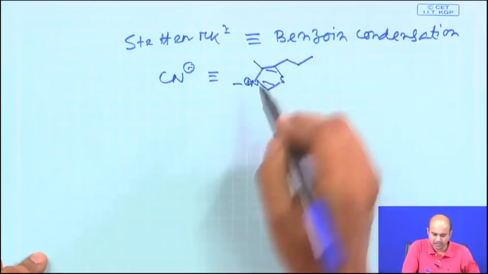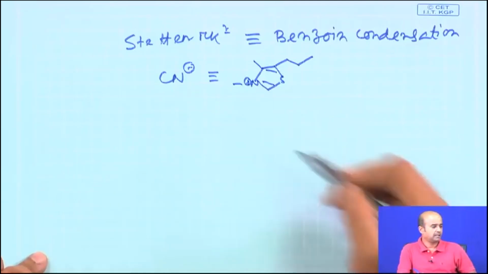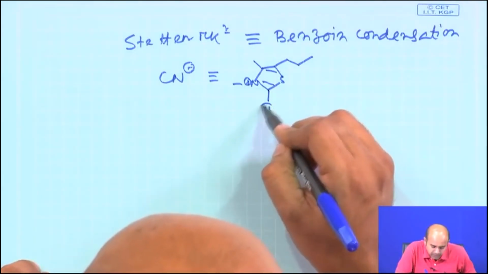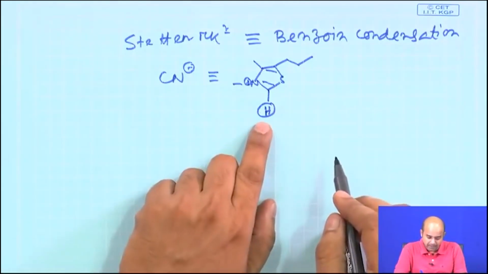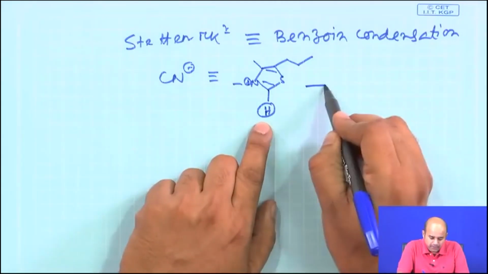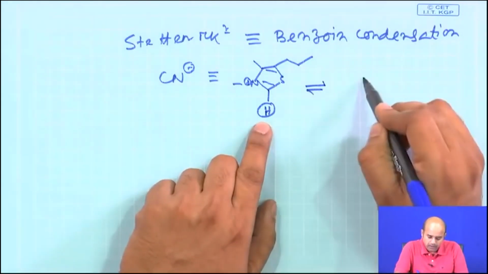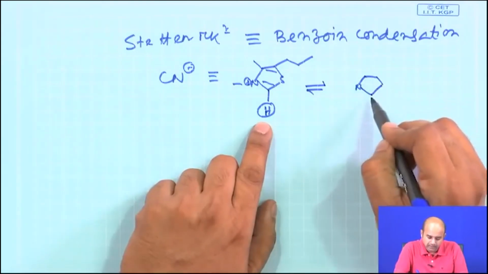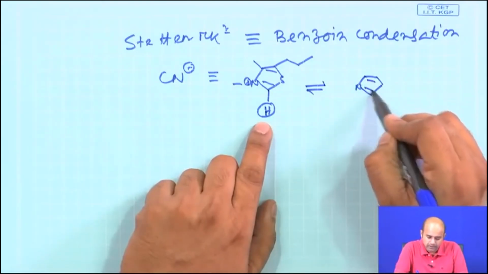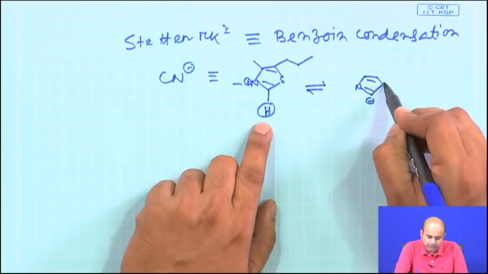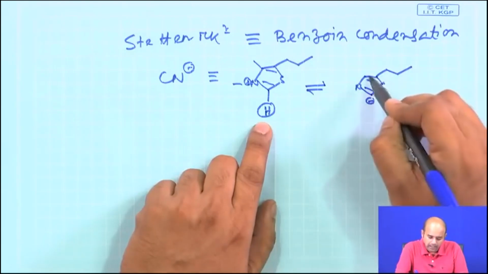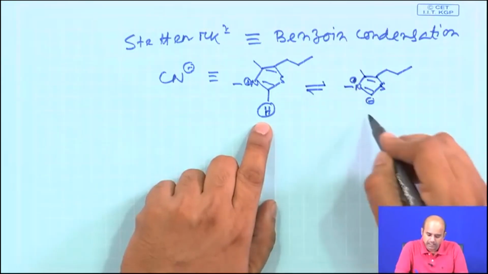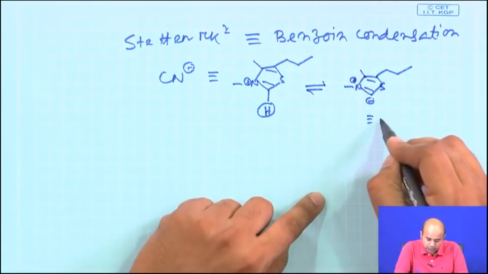having this kind of core structure, and then you have an active acidic hydrogen, which is basically removed to generate a carbanion or a nucleophile, and this is basically the main active species, the real nucleophile.